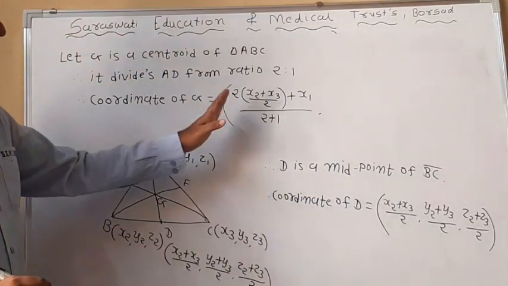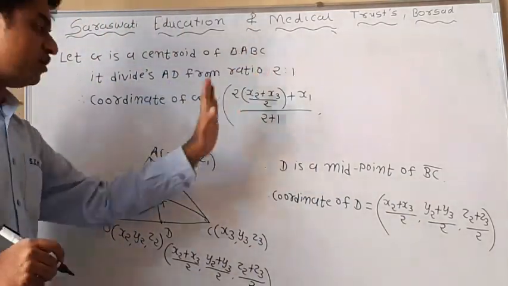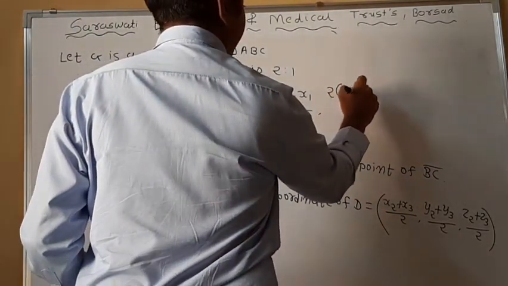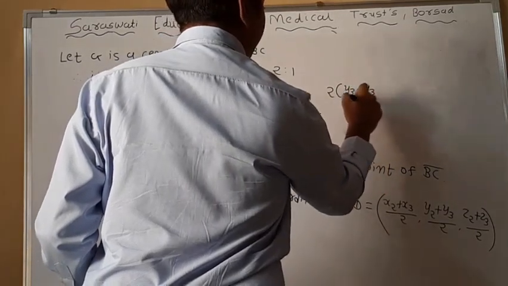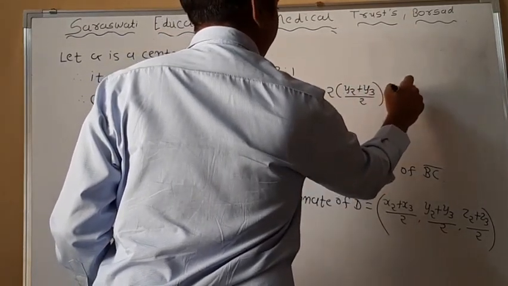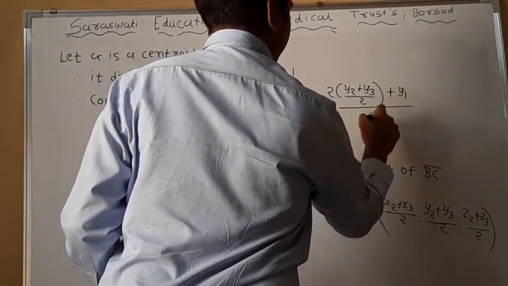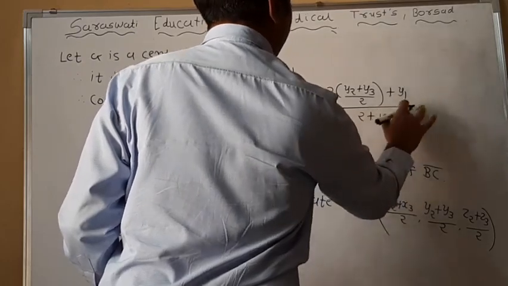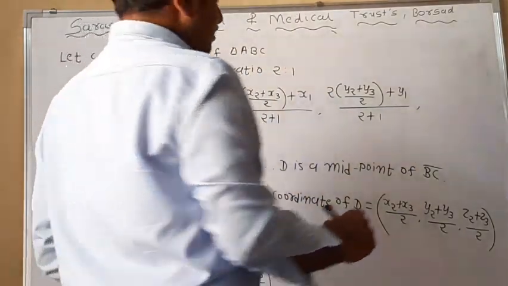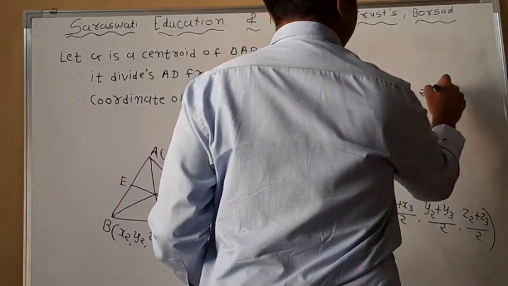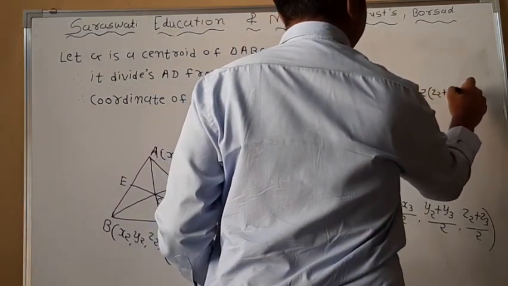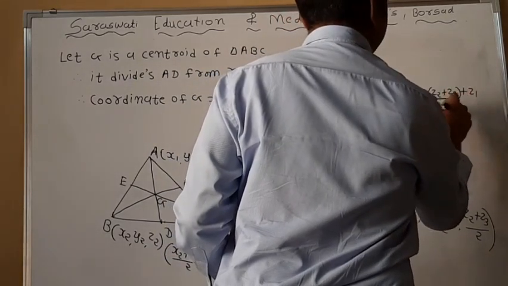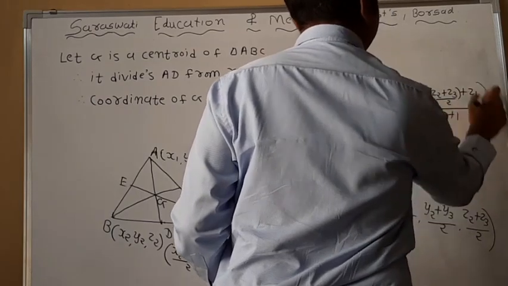Similarly we can write the y and z coordinates the same way: 2 into bracket (y2 plus y3) divided by 2 plus y1, upon 2 plus 1, comma. In the case of z, 2 into bracket (z2 plus z3) divided by 2 plus z1, upon 2 plus 1.